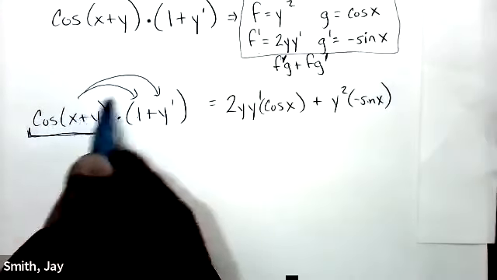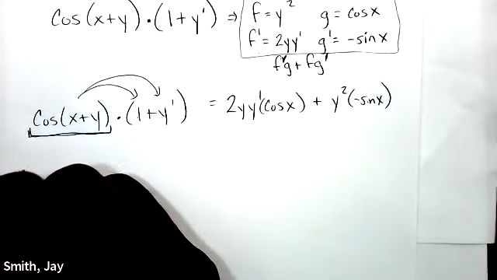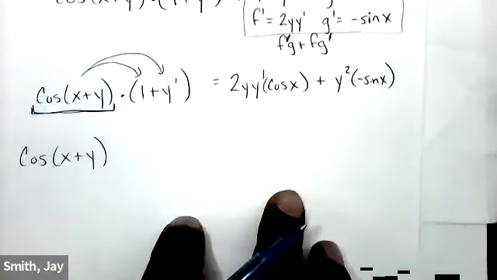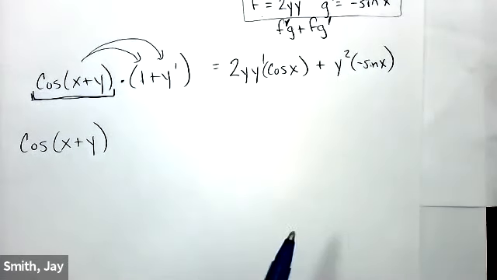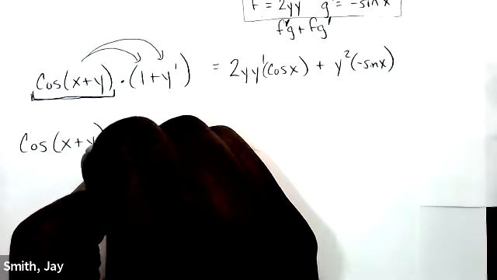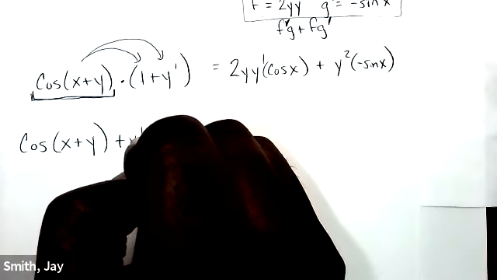So the cosine of x plus y times 1 is going to give me the cosine of x plus y, because anything times 1 is itself. And then the cosine of x plus y times y prime will give me a positive y prime cosine of x plus y.